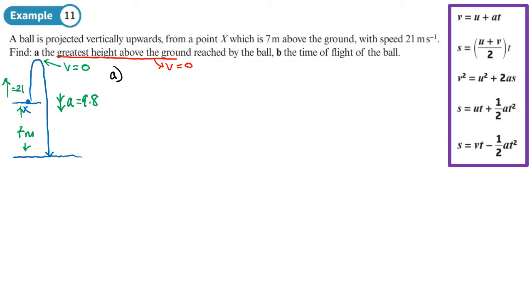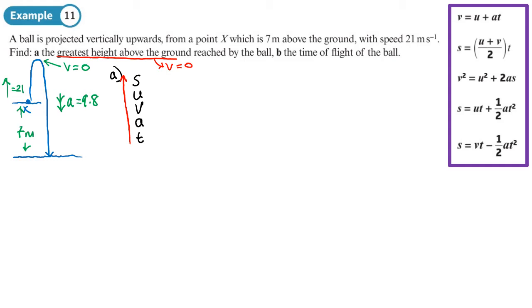Now let's write out SUVAT. Now since the ball is initially going up, I'm going to take up as positive. I want to find the distance from X to the greatest height of the ball.